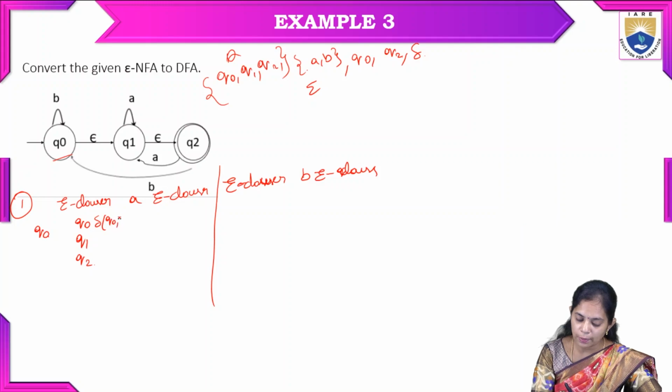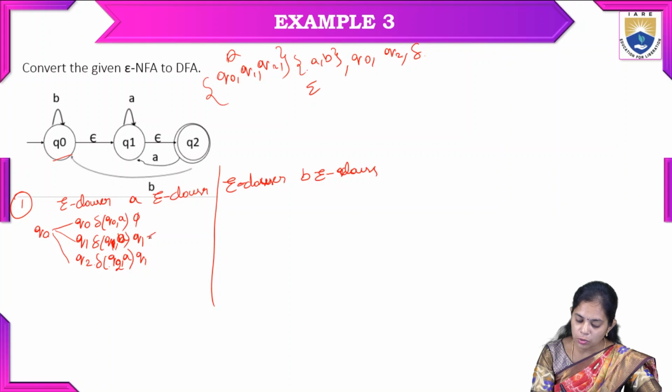Transition of Q0 on a: there is nothing. Transition of Q0 on b: it has Q0. Transition of Q1 on a: it has Q0. Transition of Q2 on a: it has Q1.